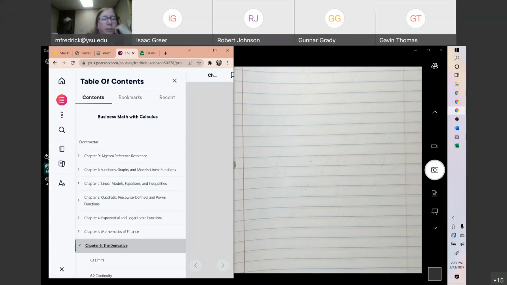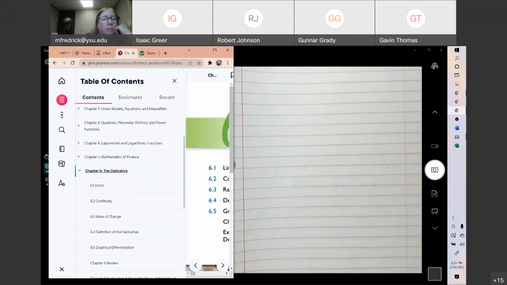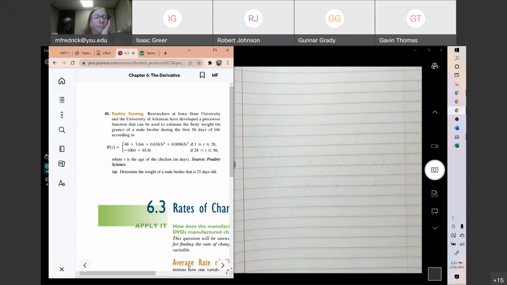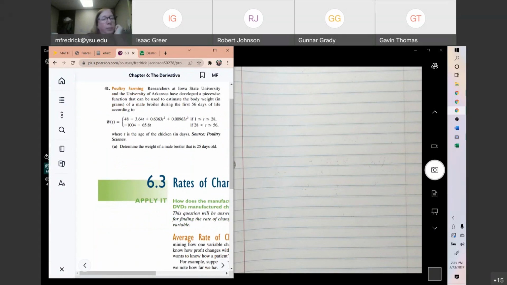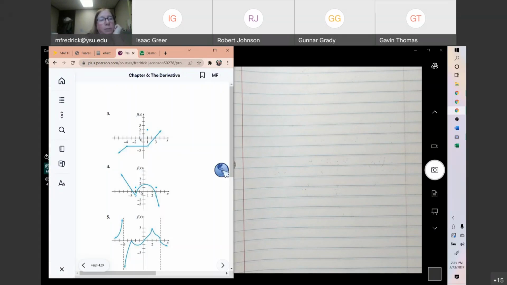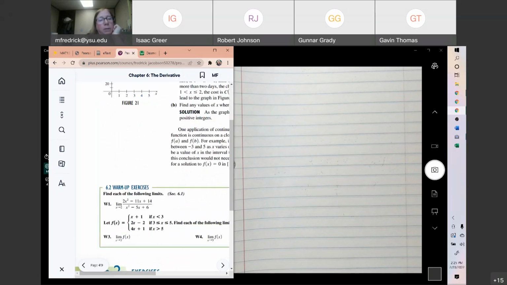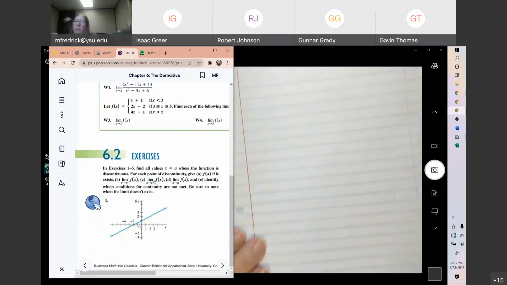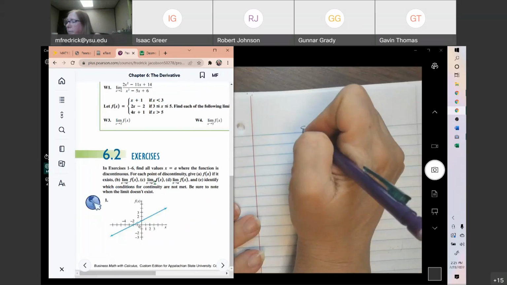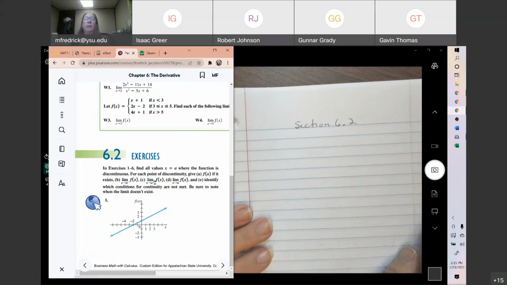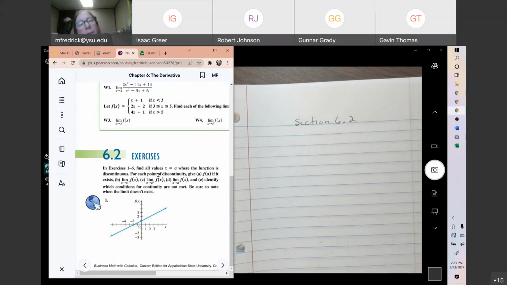The next section is very similar. But what it does is it adds continuous to it. So if we look at number 1, it says to find all the values where the function is discontinuous.